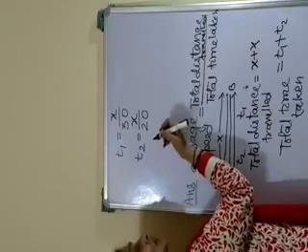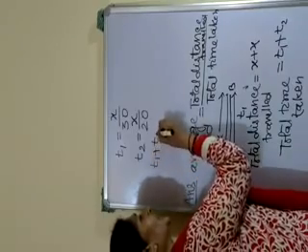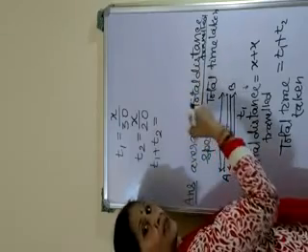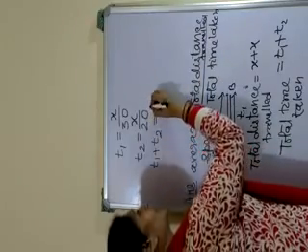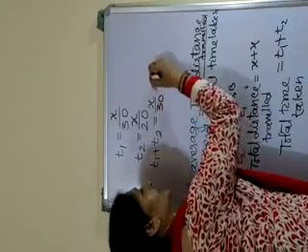Now t1 plus t2, that is the total time taken to cover complete journey, is equal to x by 30 plus x by 20.